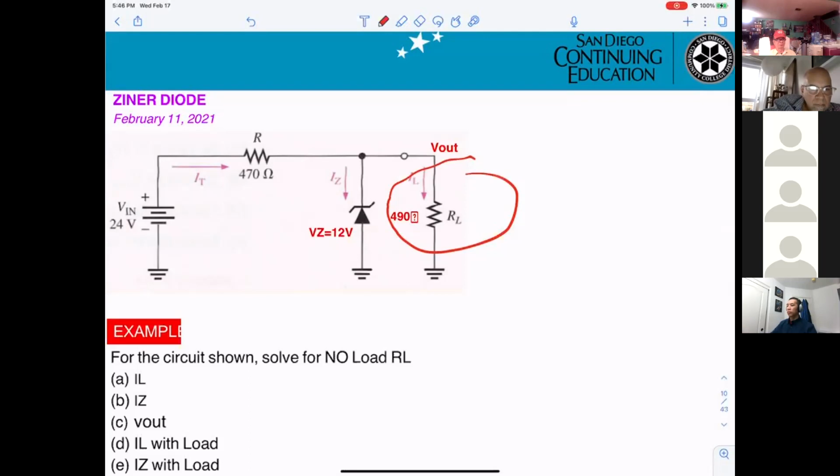Well, the source voltage is well above the zener voltage, so the diode would be in breakdown. Now, the first thing, no load condition. A, what does IL equal?